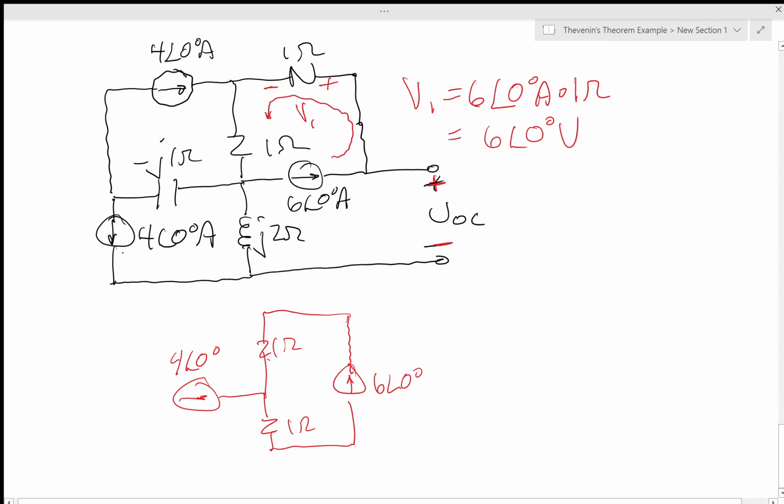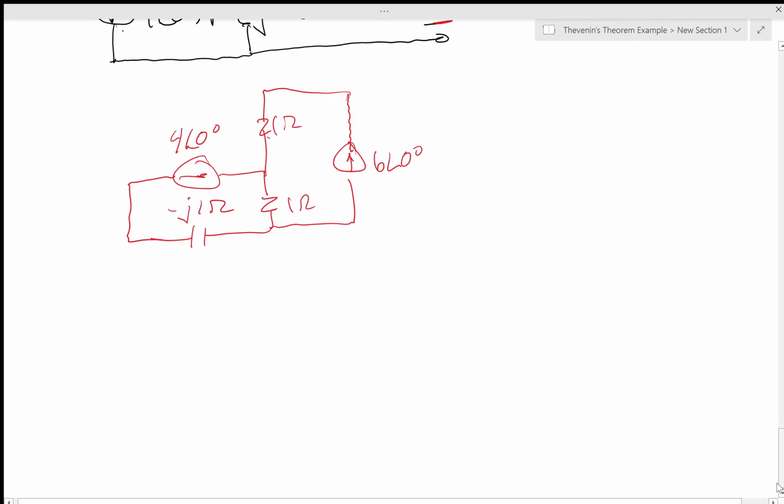And then here's my capacitor, and this is minus j1 ohm. Need a little more room here. And then I have a j2 ohm inductor.